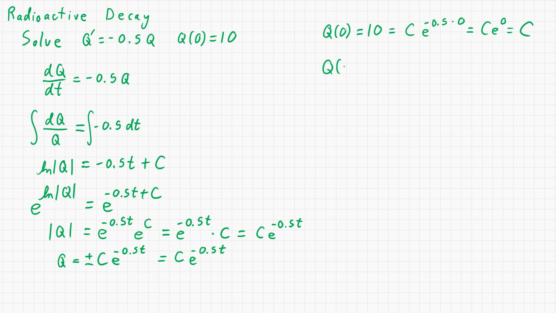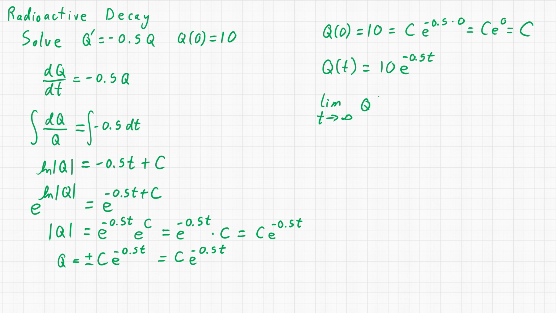So the solution is q of t is equal to 10 e to the negative 0.5 t.